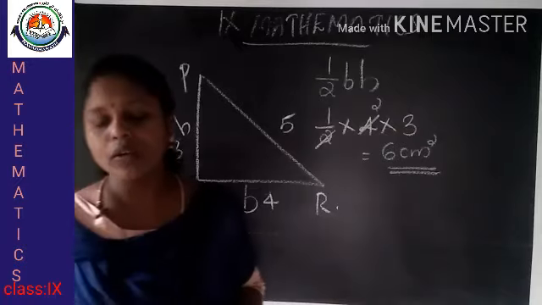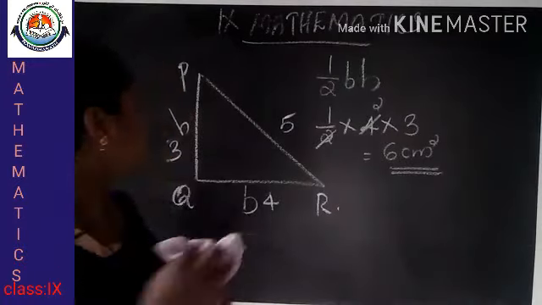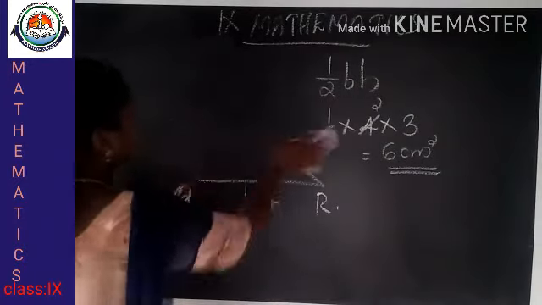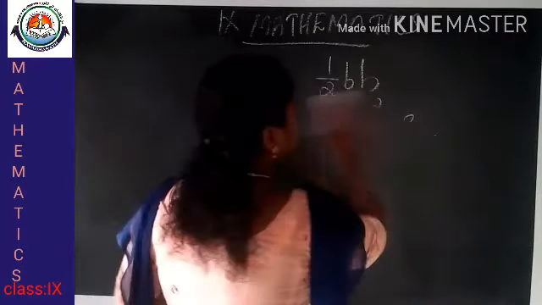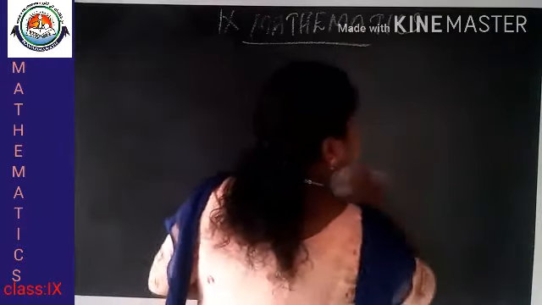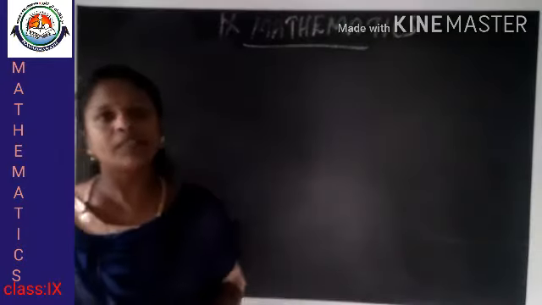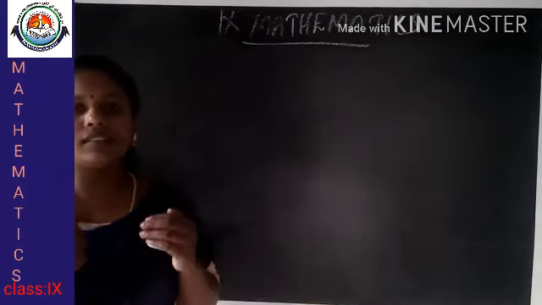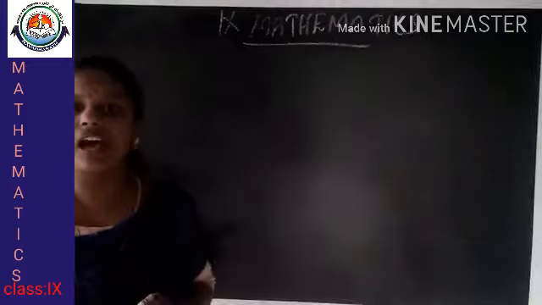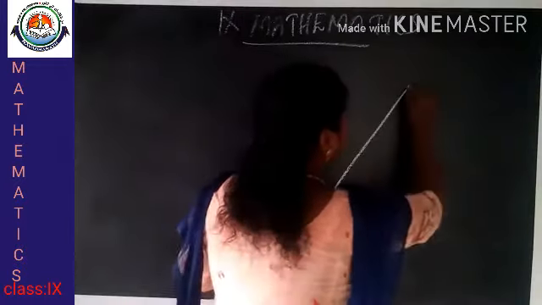And what about an equilateral triangle? What is an equilateral triangle? Equilateral triangle means all the sides or length of sides are the same.